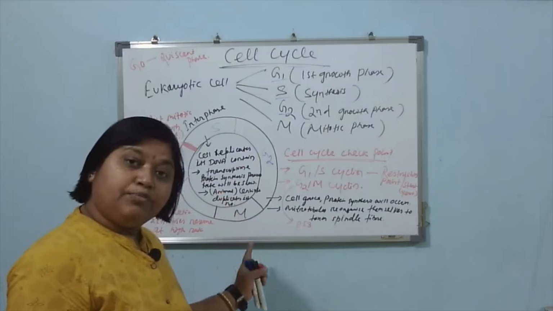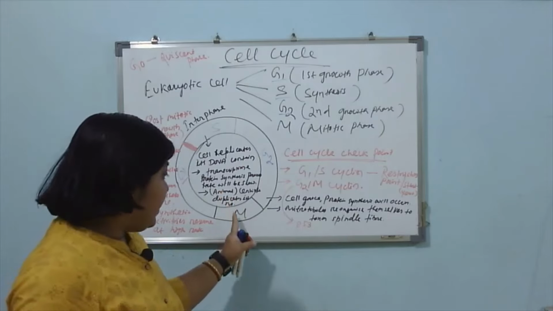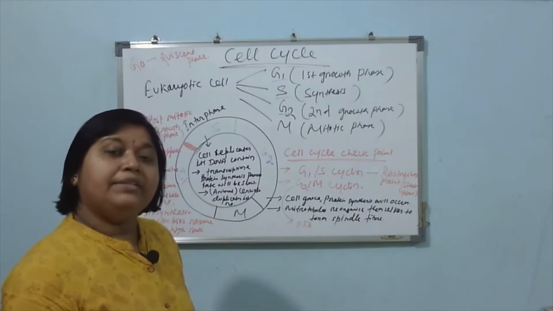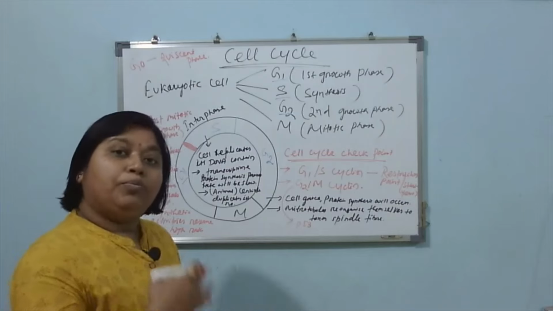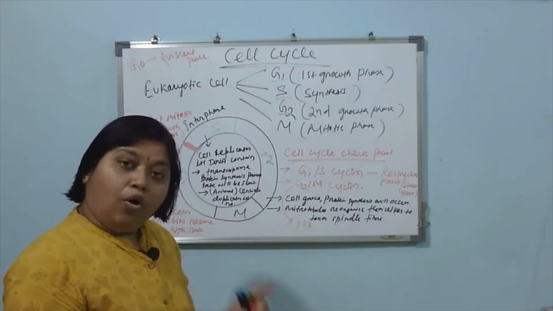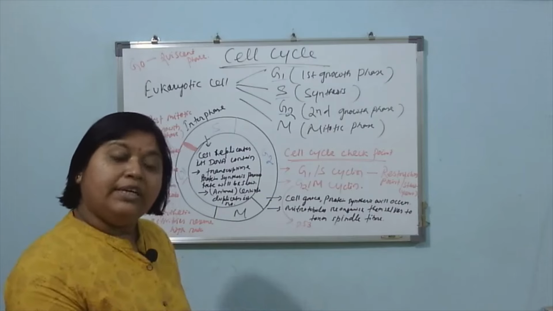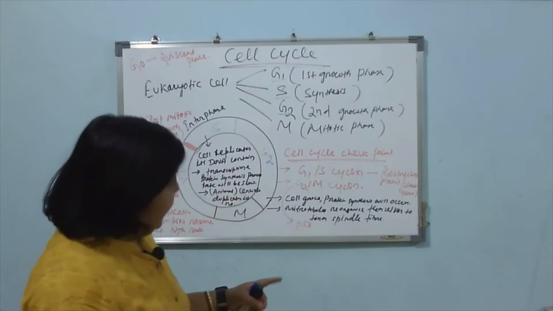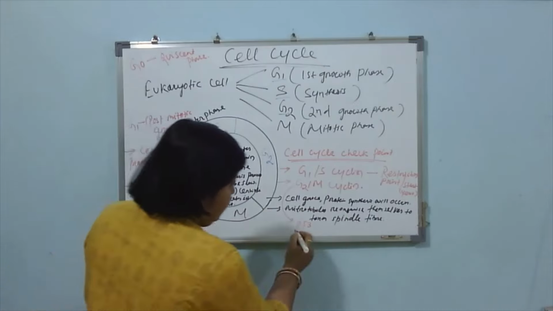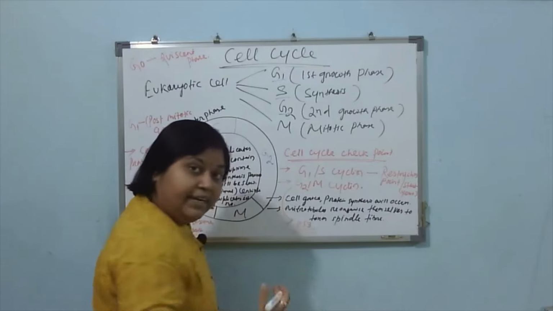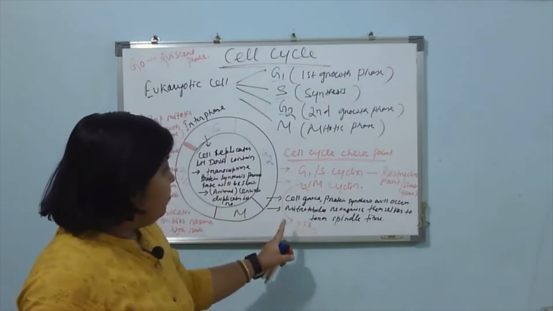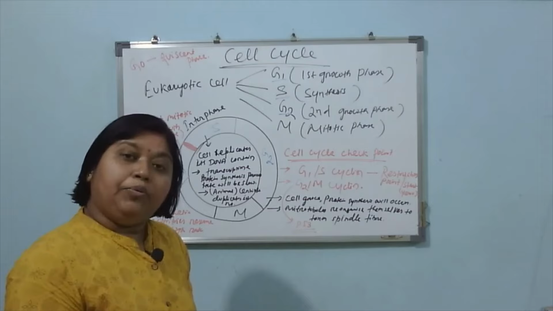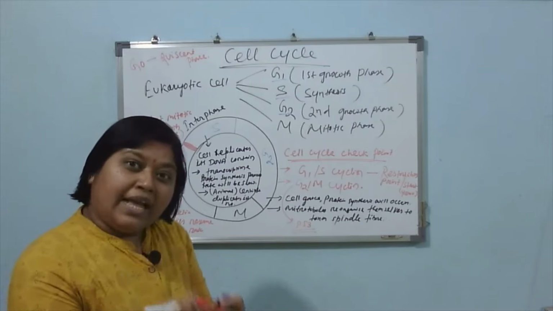If the DNA is perfect, it will allow the cell to enter into the M phase for cell division, or if the DNA is damaged, then it will allow the DNA to be repaired, or it will send the cell for the apoptosis process. If by any means this P53 gene gets damaged in a cell, the cell will grow unlimited and form a cancer cell.